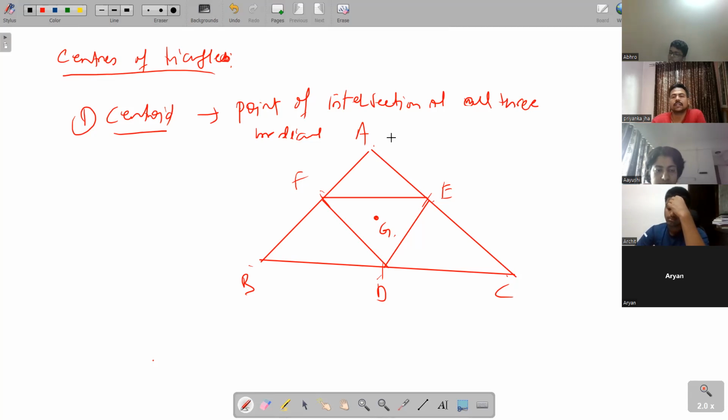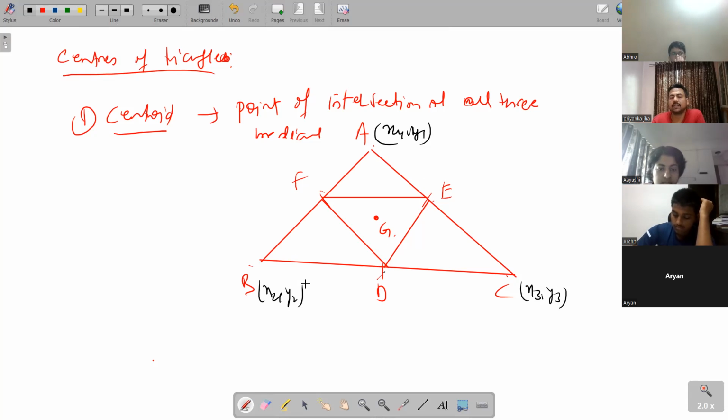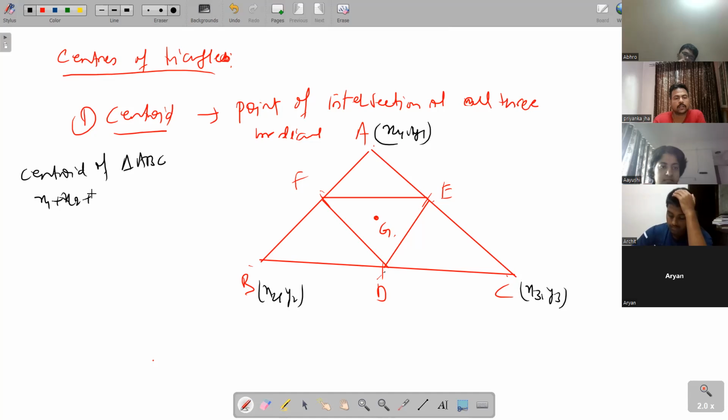Let's say the coordinate of A is x1, y1. Coordinate of B is x2, y2. Coordinate of C is x3, y3. First you find the centroid of triangle ABC. How do you find it? x1 plus x2 plus x3 by 3 and y1 plus y2 plus y3 by 3.